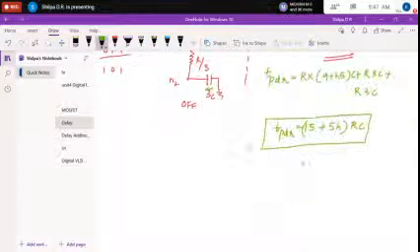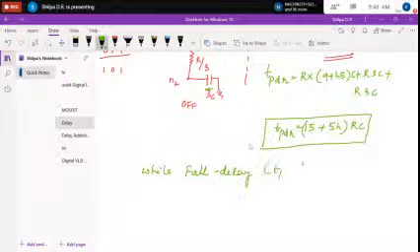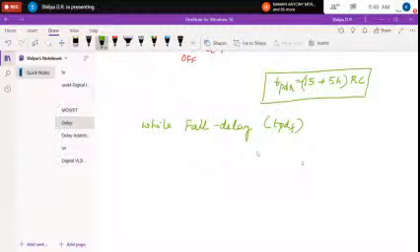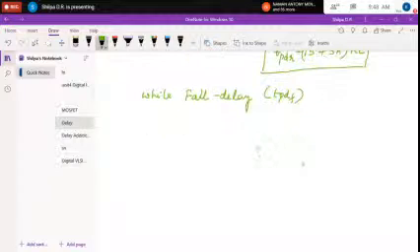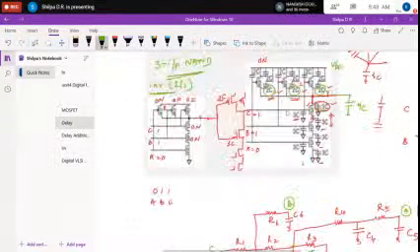Similarly, the worst case fall time. Let us calculate the fall time or fall delay, that is TPDF. So what will be the worst case fall delay? If I want to calculate the fall time, I have to make sure that all these NMOSs are on.